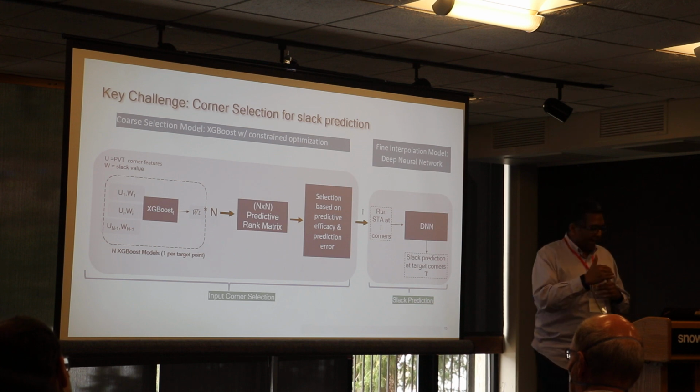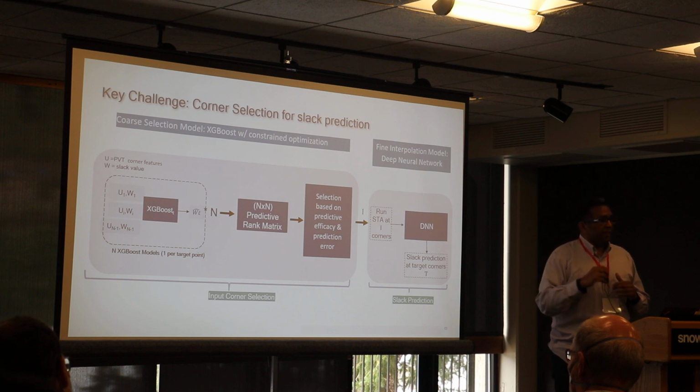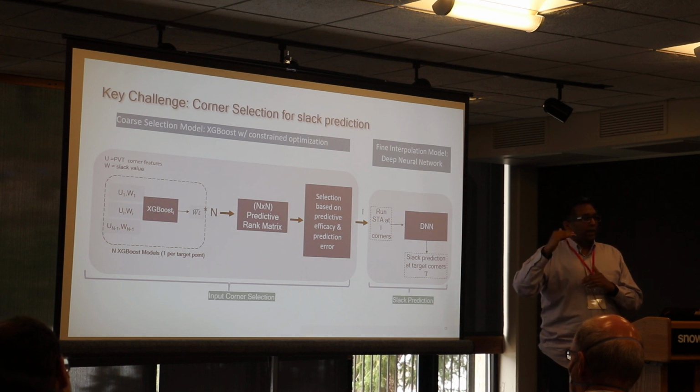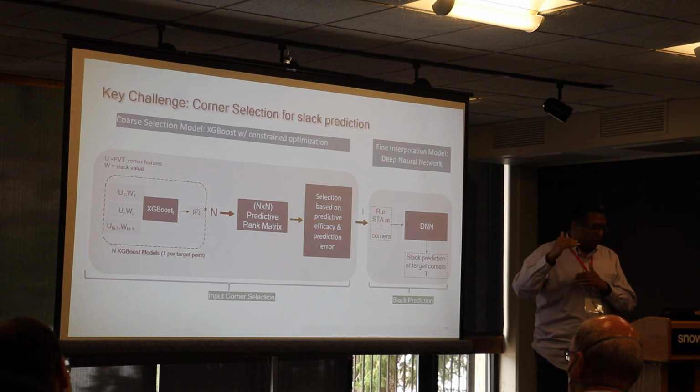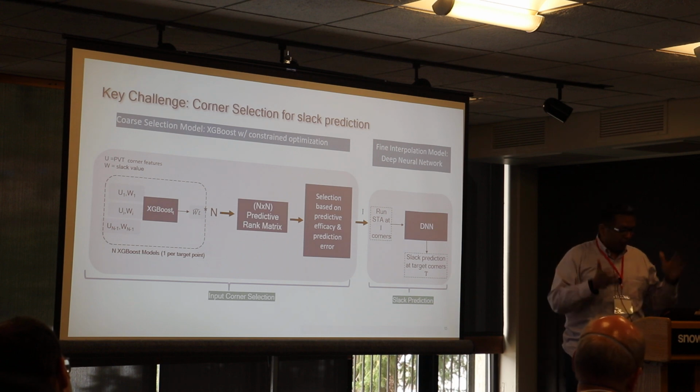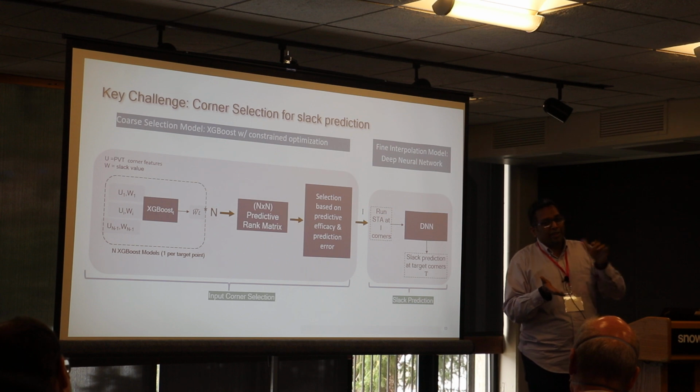And using that, you create this ranked matrix. Then you know which corners are useful for predicting the slack, and by that you get the list of corners, and then you run those corners as deep into your timing closure process as possible.